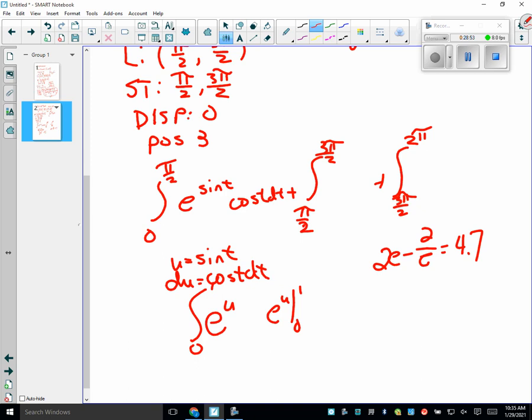Go to 19. I want to know, where is it at the end of the trip? It started at 2. When we find out, it's going to be at 4.